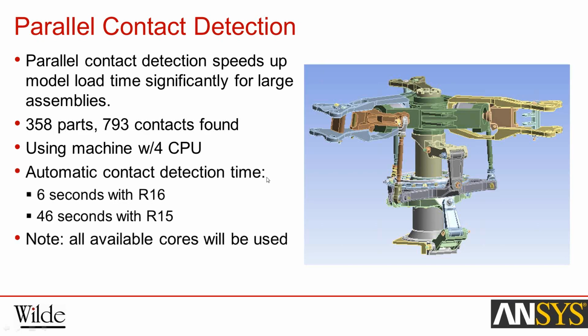You can see here that in version 15, this automatic contact generation took 46 seconds, whereas in version 16, this now only takes 6 seconds. This speed up is achieved by taking advantage of the multiple core machines that most FEA users now possess.